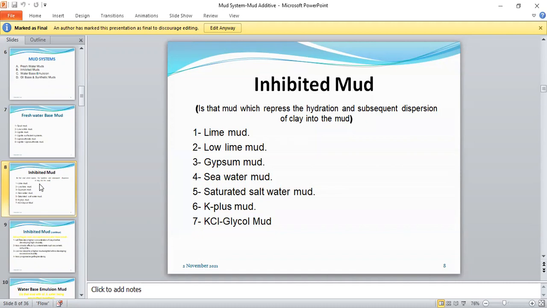We have the KCl, that's potassium chloride glycol mud. It's water-based mud. KCl is there to do inhibition. Glycol is there to give another enhanced inhibition. If you're drilling through a cold region, glycol has a heating effect.